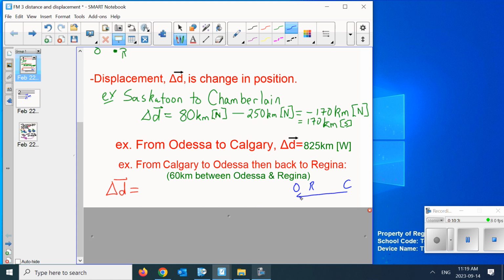Calgary to Odessa, and back to Regina. I'm going on this diagram, right-hand side and left-hand side. What is the displacement in this scenario? How do we figure it out?